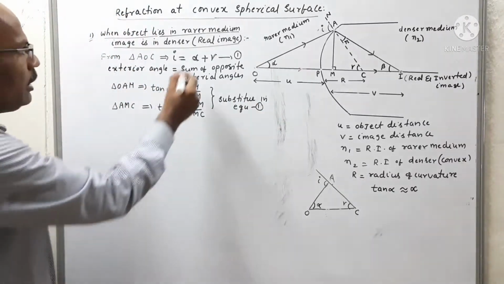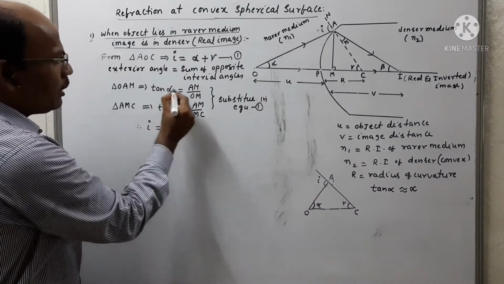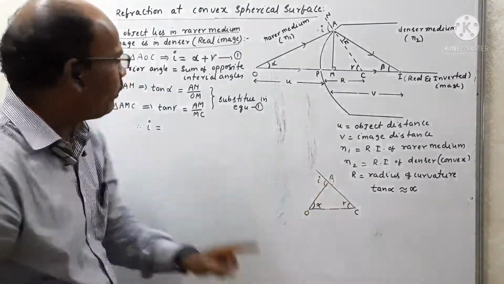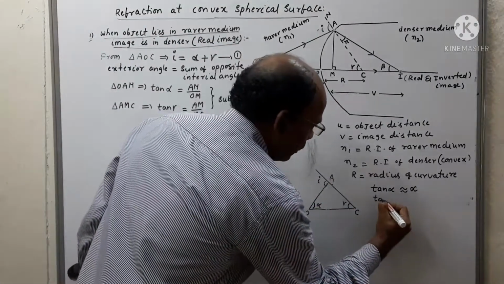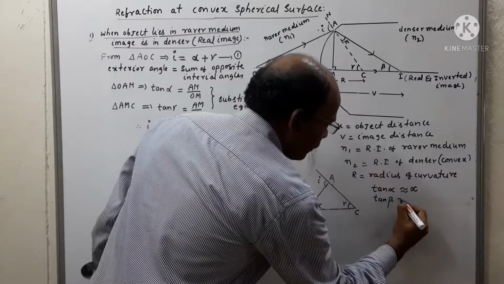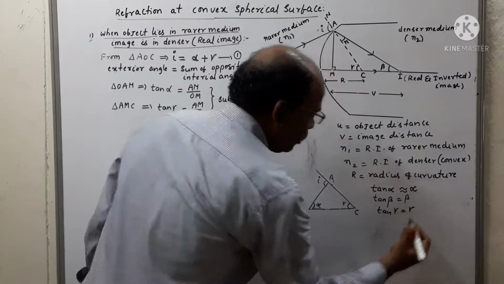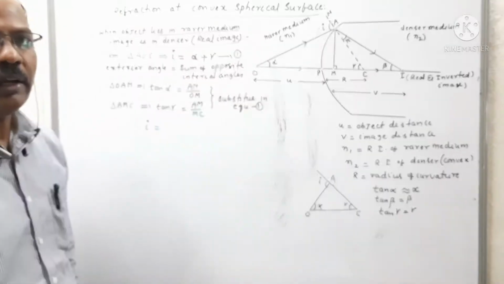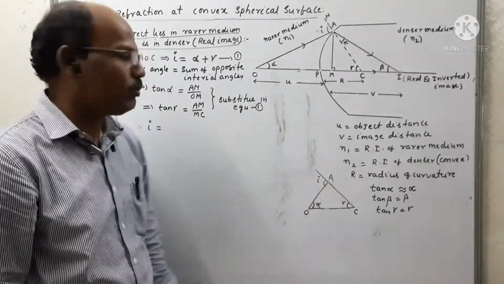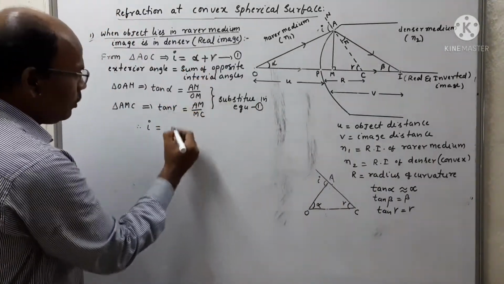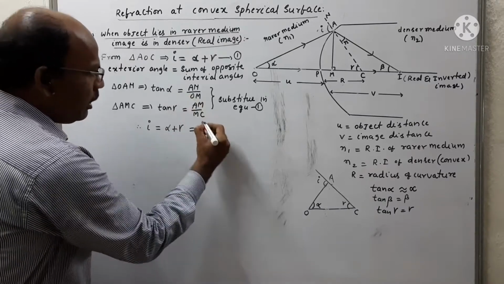Okay, then equation 1 becomes, therefore, I is equal to, tan alpha is equal to alpha, tan gamma is equal to gamma. So we can write tan beta is equal to beta and tan gamma is equal to gamma for small thin lenses. If the angle of incidence is very, very small, then we can write I is equal to alpha plus gamma. What is tan alpha?